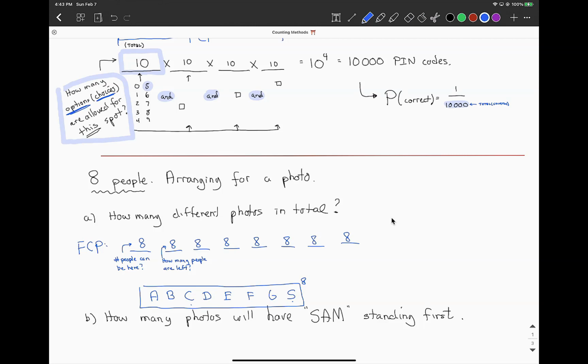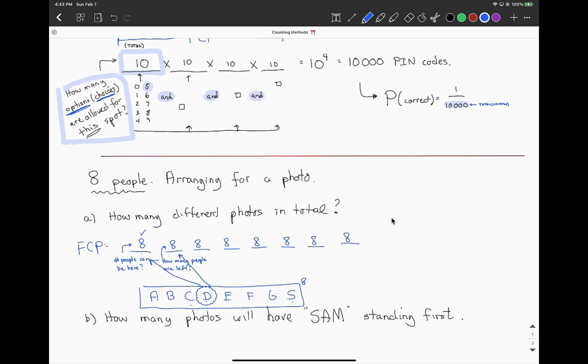Now, yes, there are 8 people who can stand in this spot. But once somebody has been delegated and chosen to stand there, there is no way that this person could stand in more than one spot at the same time.